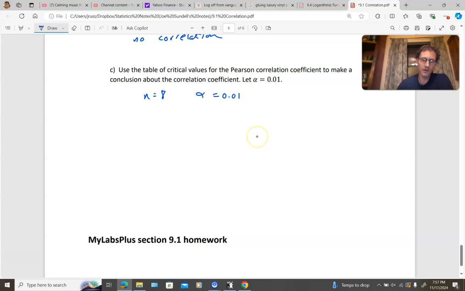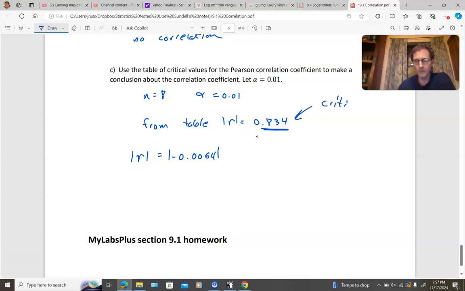So I'm going to say from table, the absolute value of R is equal to 0.834. What we have to do is compare the absolute value of our correlation coefficient that we obtained from that sample to this value right here. This is our critical value from the table.